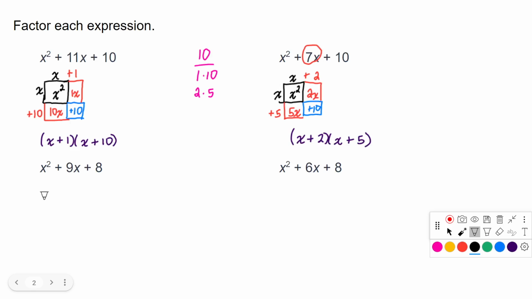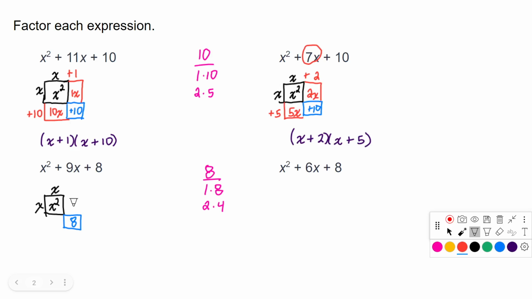Third example, start with your x squared, include your units, the units tell you what you're looking for factor pairs of. So for 8, the factor pairs are 1 times 8 and 2 times 4.